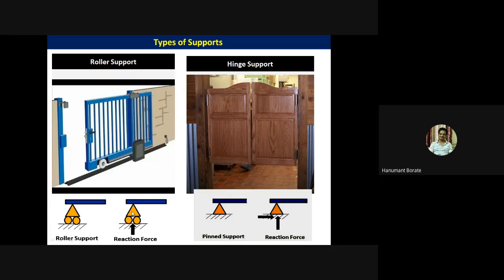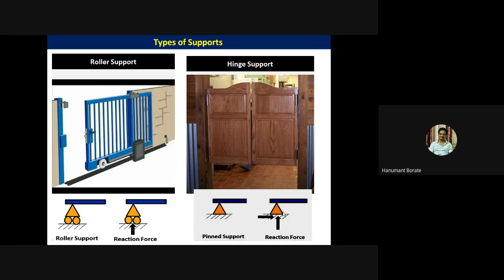So motion is restricted in one direction. The number of motions we restrict is the number of reactions we need to take, that many forces are going to be induced on the component.